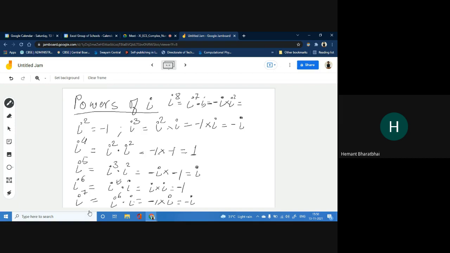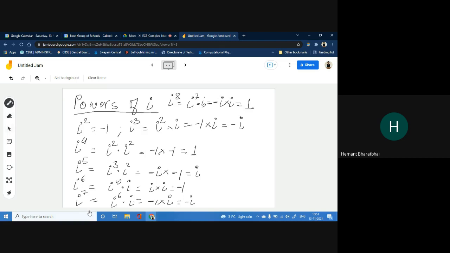Suppose if I write i raised to 8, so again it can be written as i raised to 7 into i, that is going to give me minus i square. So i square is nothing but minus 1, and this minus sign will give me plus 1.